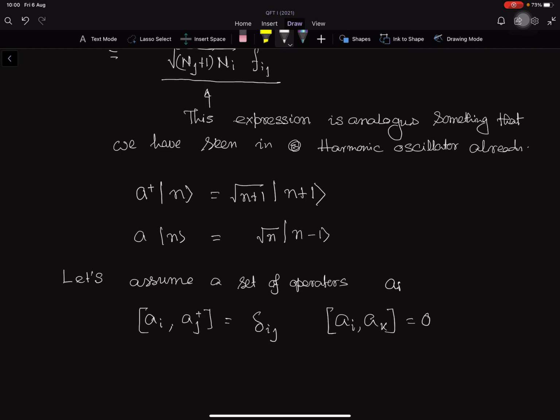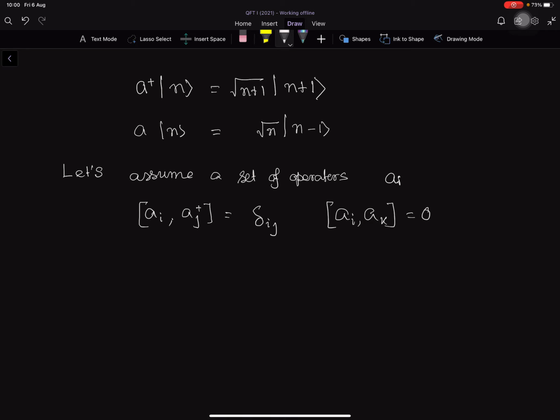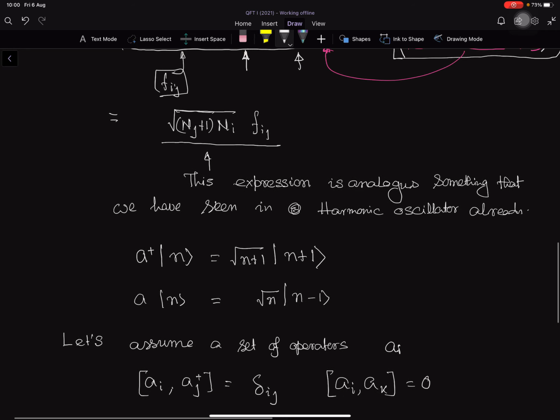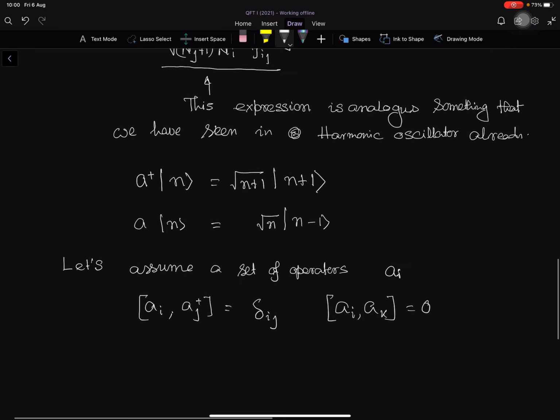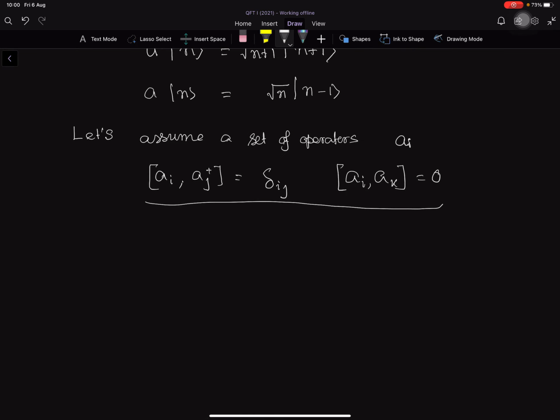So you can think of it as a set of harmonic oscillators rather than one. At this point it is not at all obvious why we are getting something like a harmonic oscillator, but this formula is very instructive, and that's why we are writing it this way.